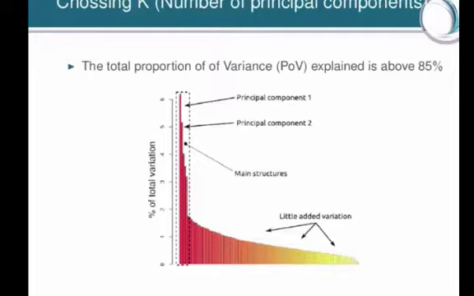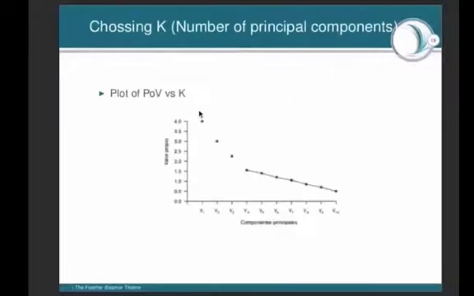This plot is a graph of the proportion of explained variance versus the principal component. Here we can see the first two principal components retain 85% of the variance of the original dataset, and hence we choose k equal to 2. The last option for choosing k is to graph the plot of proportion of explained variance versus k and stop at the elbow.